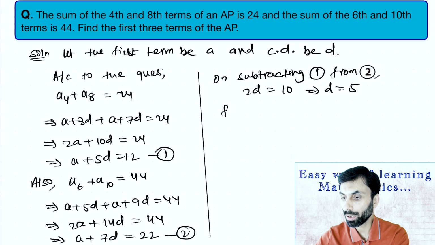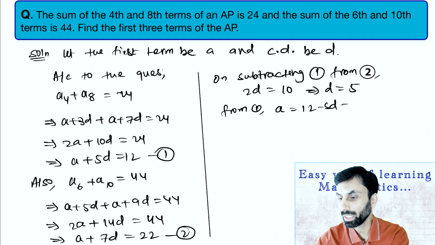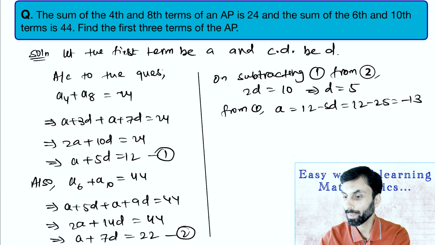And so from equation number 1, we can say a will be equal to 12 minus 5d, which means 12 minus 5 into 5, that will be 25, and the value of a will become minus 13.